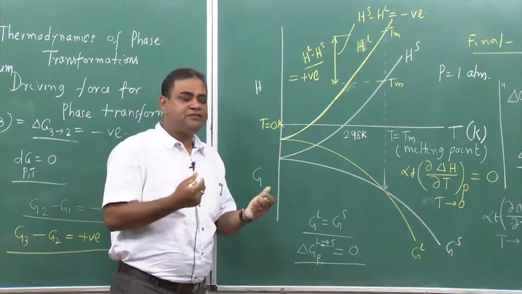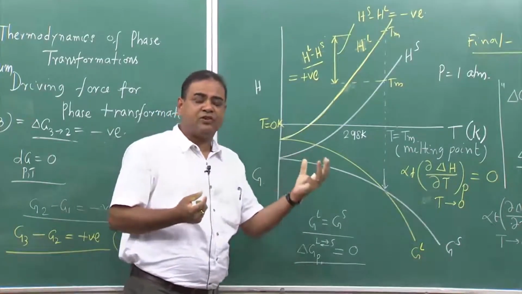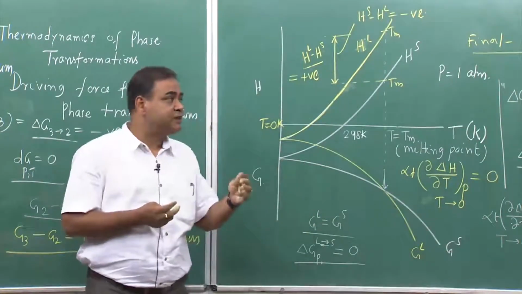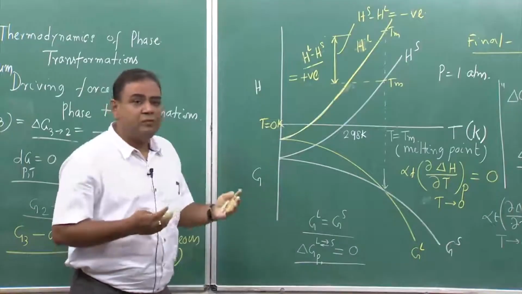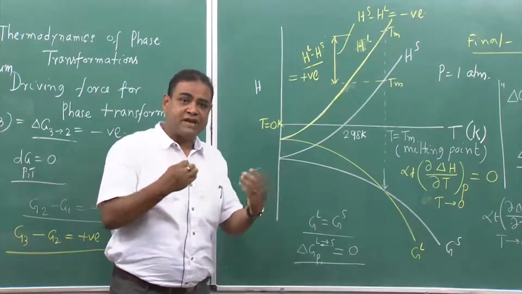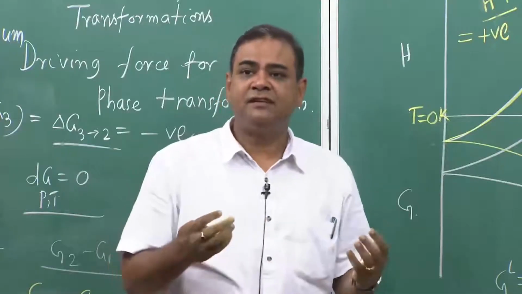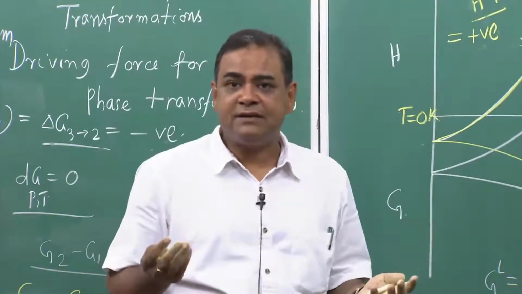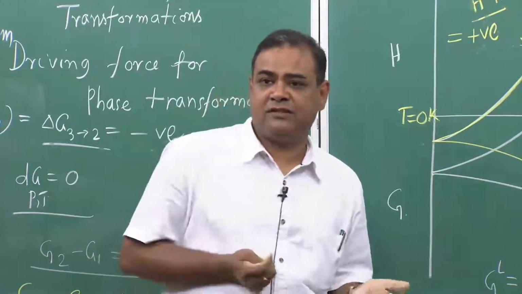So, that means solid has to absorb heat. And when the system absorbs heat, that means the liquid is forming from a solid, it has to take heat. Whenever a system absorbs heat, we call it an endothermic process.